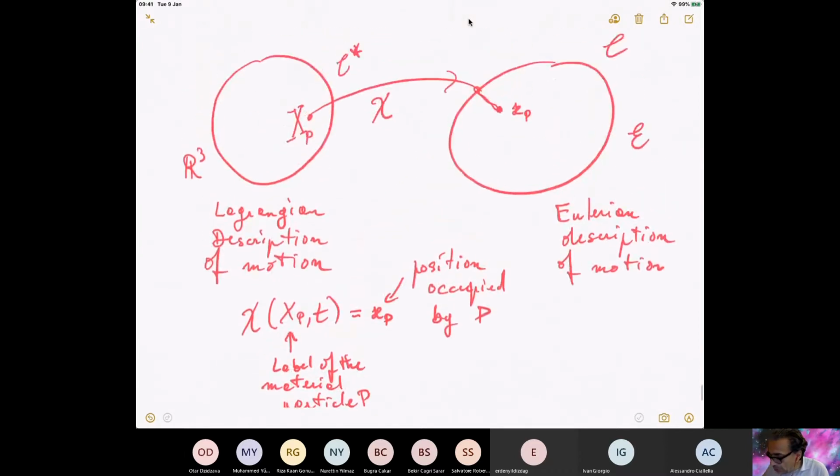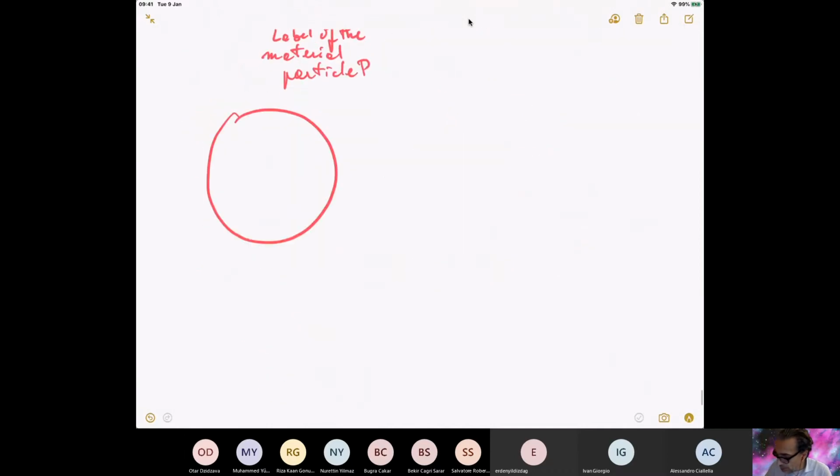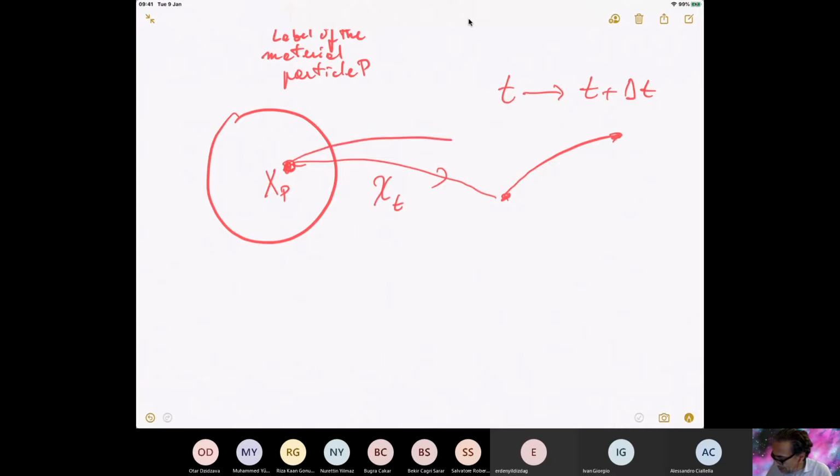So when you block a material particle, let us block this material particle and assume that time is flowing. So what you have in a time interval, the position of this material particle changes. So you have XP, always the same XP, and this is key at instant t.